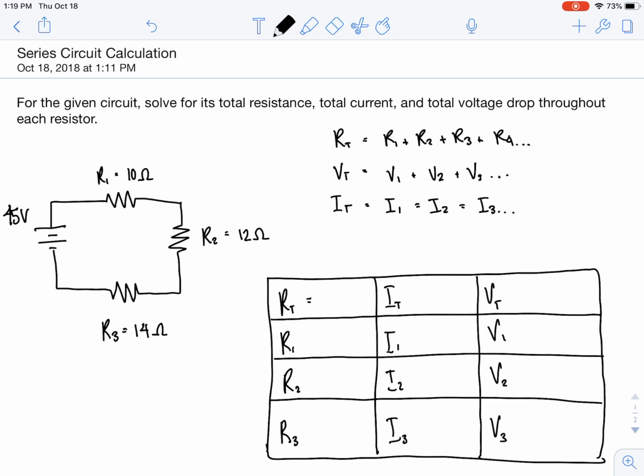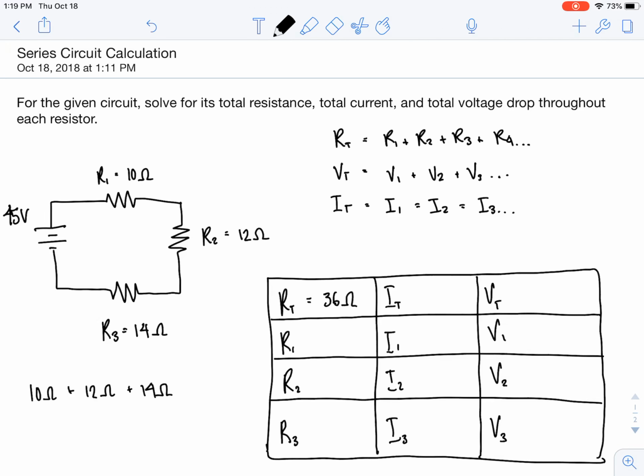As far as my resistance total, all I have to do is add up all of the resistors. Looking at this equation right here, I just add up all of the resistors. In this case, I have 10 ohms plus 12 ohms plus 14 ohms. If I add that up, I believe that is 36. So I would have a resistance total of 36 ohms.